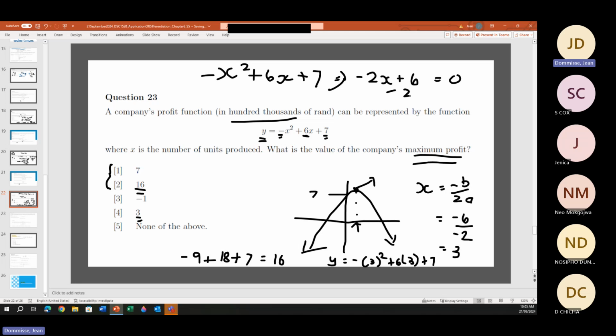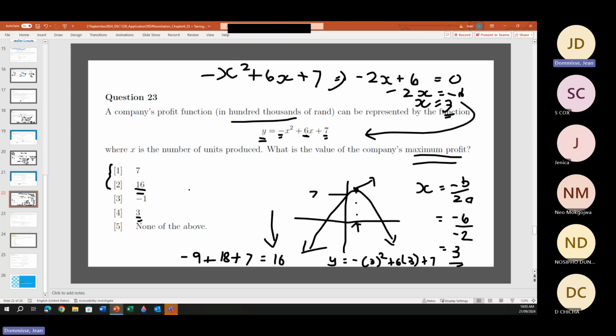So minus 2x is equal to minus 6, x is equal to 3. So again, you get the same value for x. And then you still need to put the x into the y, and you will get the same answer of 16.